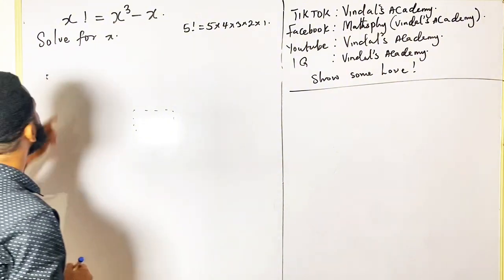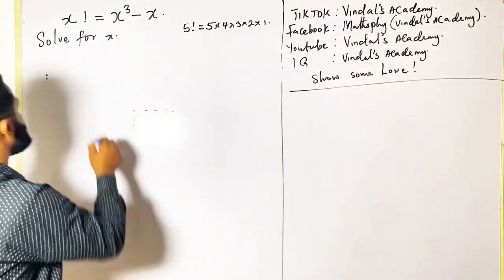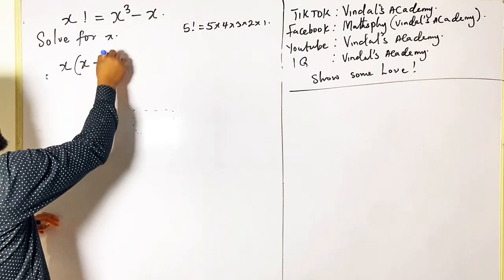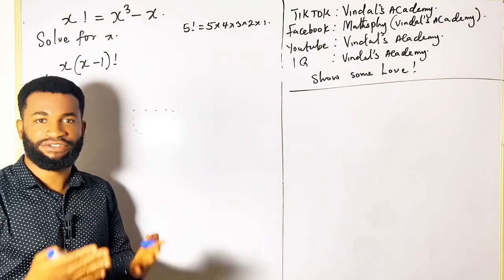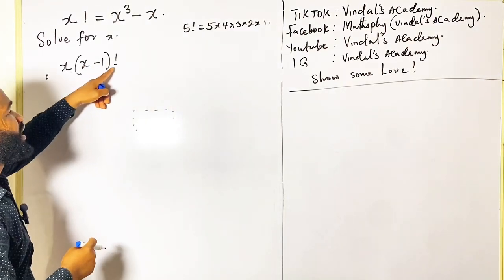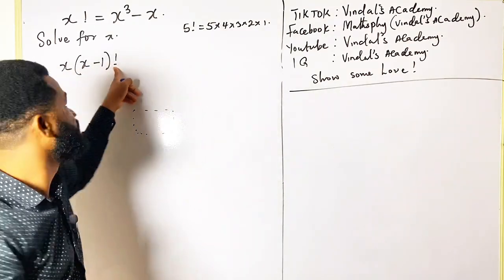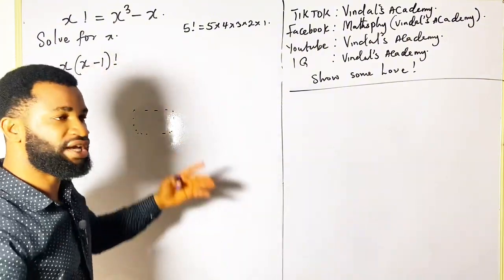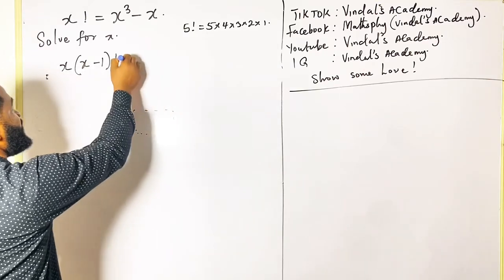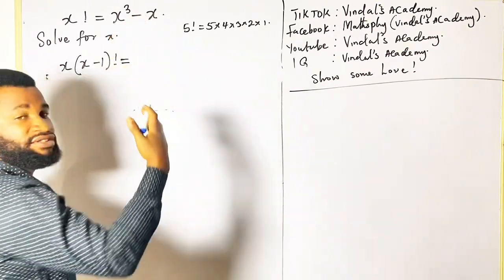All right, so I'm going to do that here. I'm going to have x bracket x minus 1 in factorial, because it can still go lower. I can also have x minus 1, then another one is going to be x minus 2, in bracket another one x minus 3. So I keep on going lower in multiplication. And I'm going to factorize the right term.